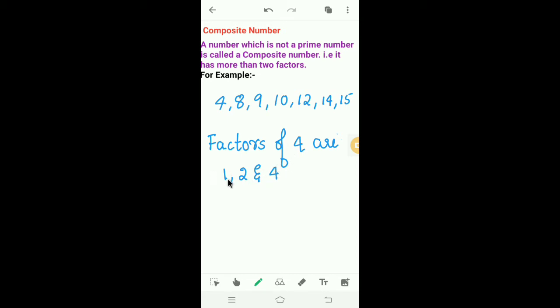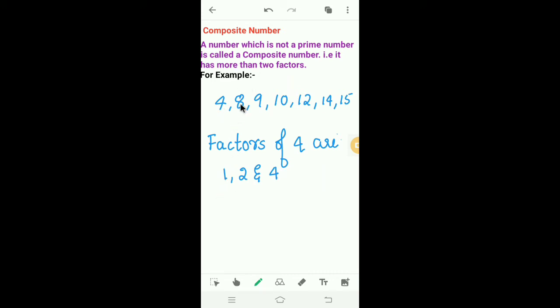Here how many factors are there? 3 factors. What is the definition of composite number? A number which is not a prime number is called a composite number. That is, it has more than two factors. Here 4 has more than 2 factors.